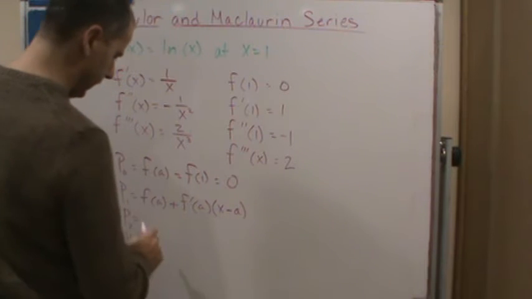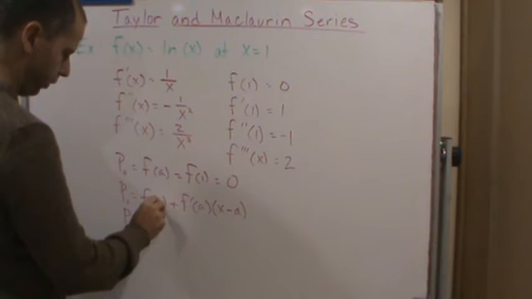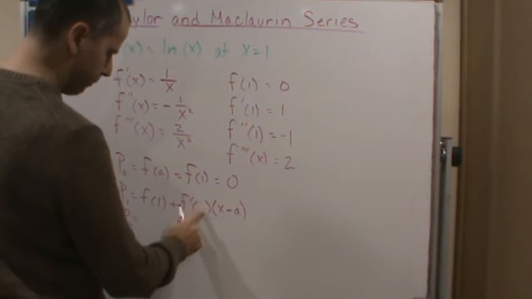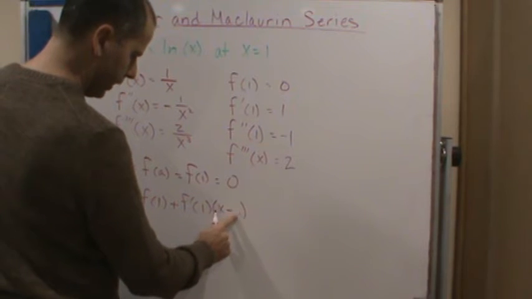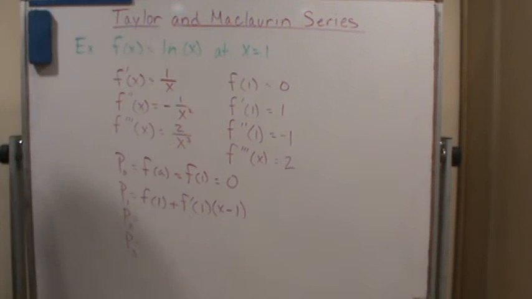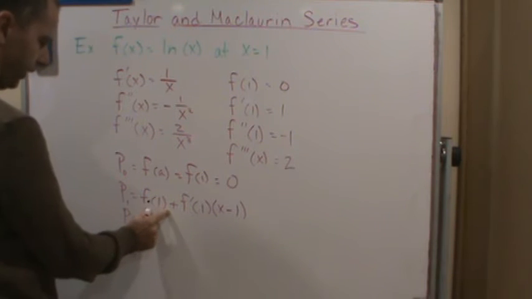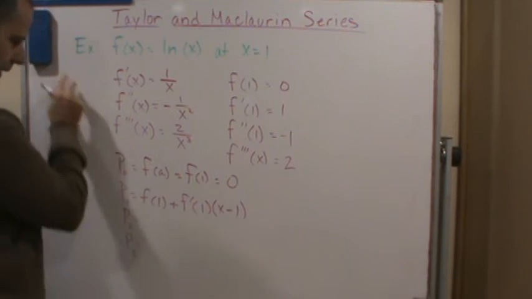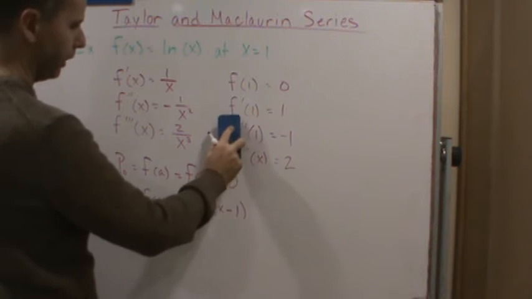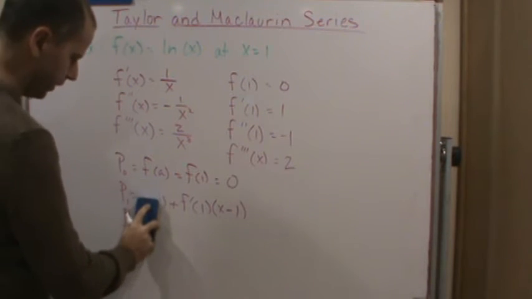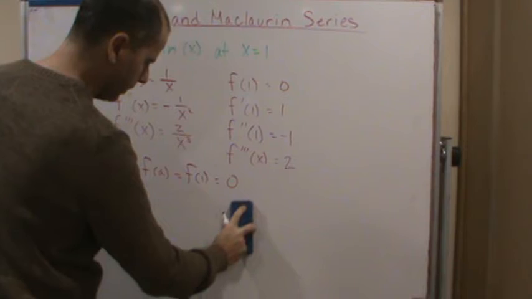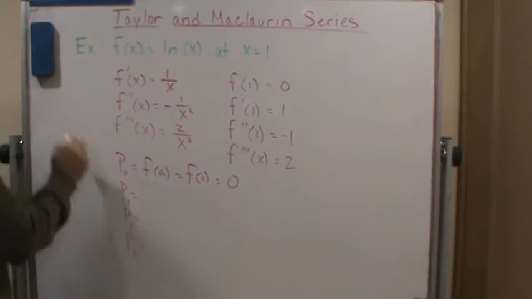So this is going to be equal to f of 1 plus f prime of 1 times x minus 1. Which in this case, well, this is just 0, right? So that means f prime of 1 is just 1. So guess what? This just becomes x minus 1.